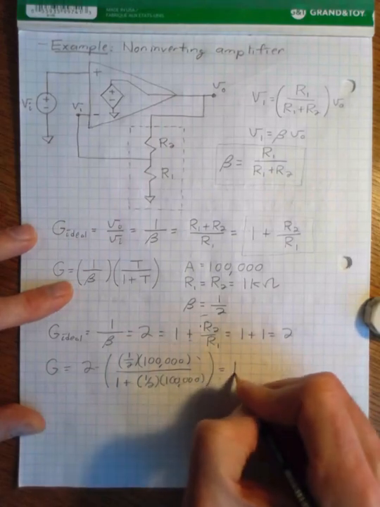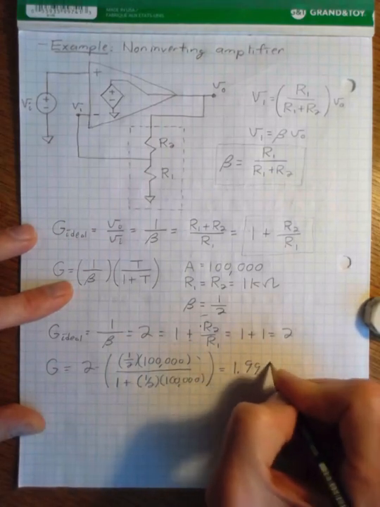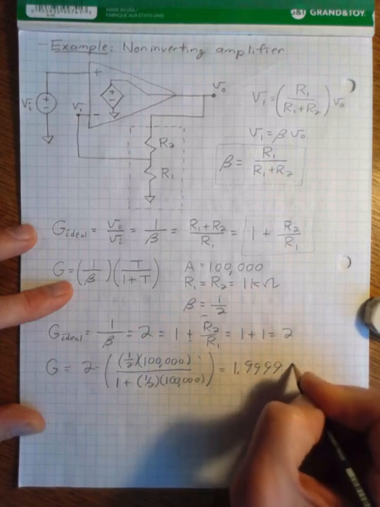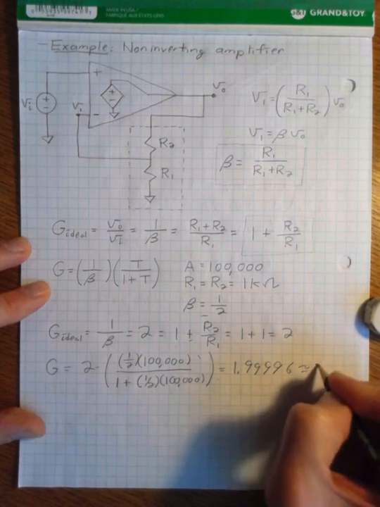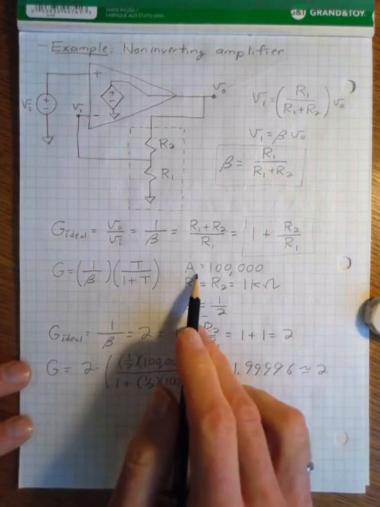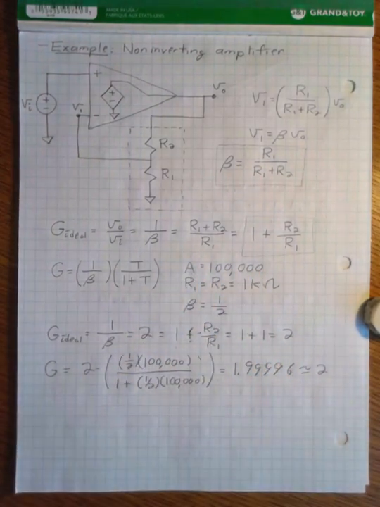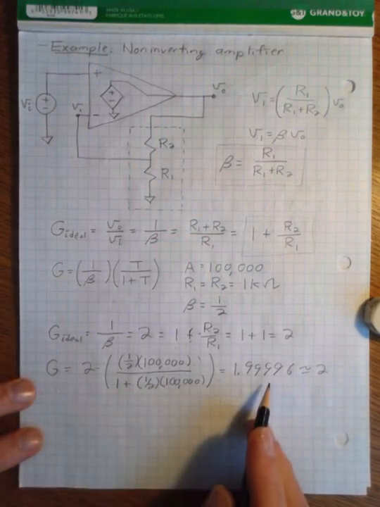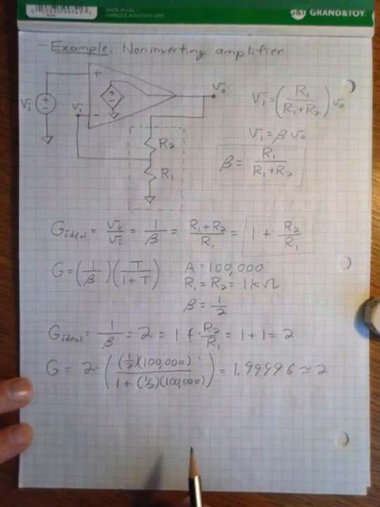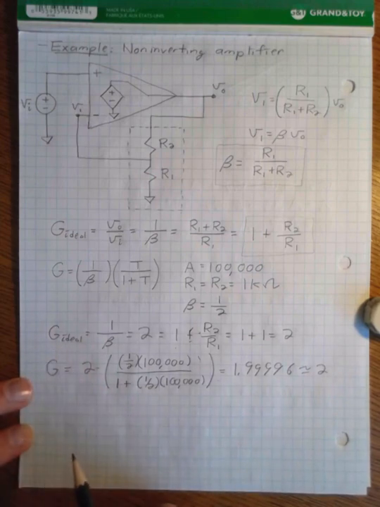So that's equal to 1.99996. So basically 2. So even for quite a poor op amp, a linear gain of only 100,000, we get an actual gain that's extremely close to the gain predicted by the ideal equation.